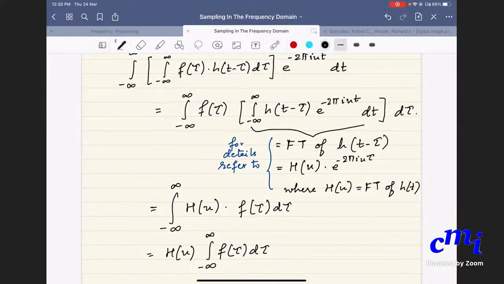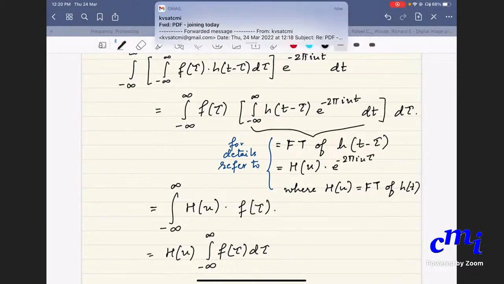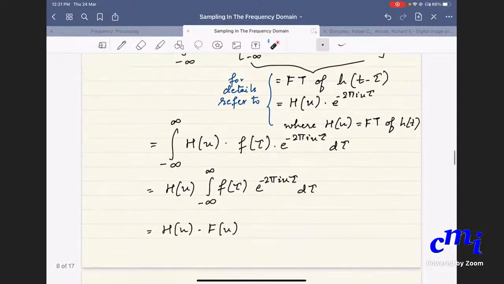I should be writing f of tau times e raised to minus 2 pi i u tau d tau. Correct? So you can pull out the H of u, and the remaining term is nothing but the Fourier transform of f. So this is going to be H of u times F of u.